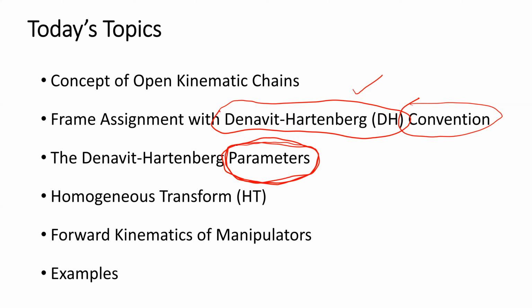And of course, the parameters will represent one robot link, and from the parameters we can compose the homogeneous transform. Today we will have a short review of the homogeneous transform. Actually, last week we spent time to derive the homogeneous transform.